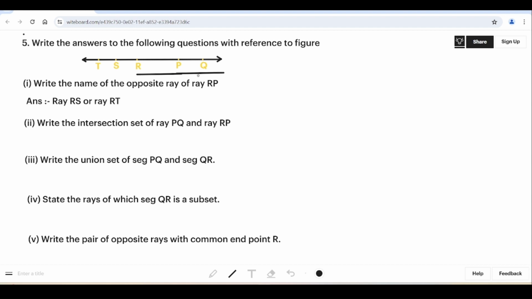So the intersection of the ray RP and ray PQ will be from P to Q, right?